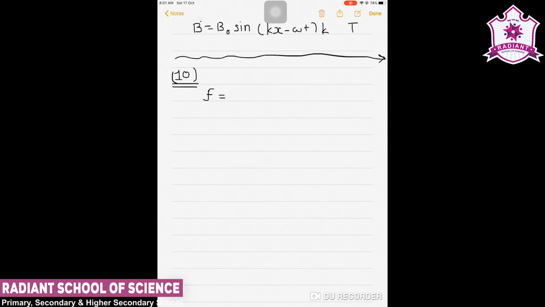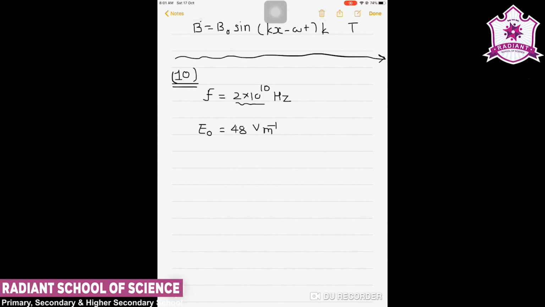So we are given the frequency, 2 into 10 raised to 10 hertz, and an amplitude of 48 volt per meter. So E0 is given as 48 volt per meter.